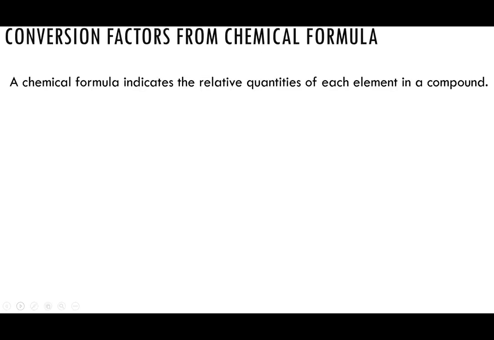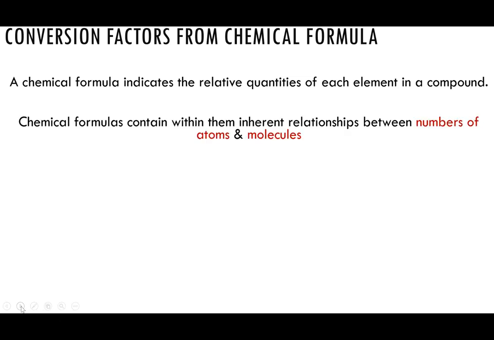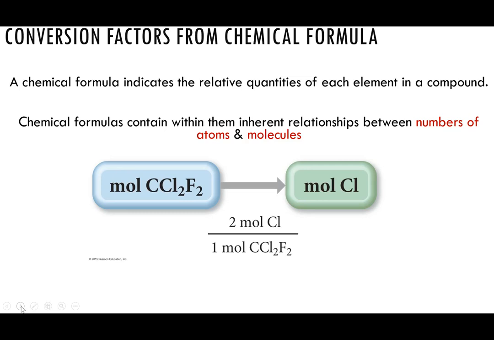The next thing we're going to introduce is a relationship or an equality that is built into the chemical formula. So the chemical formula indicates relative quantities of each of these compounds. So here we see a compound.